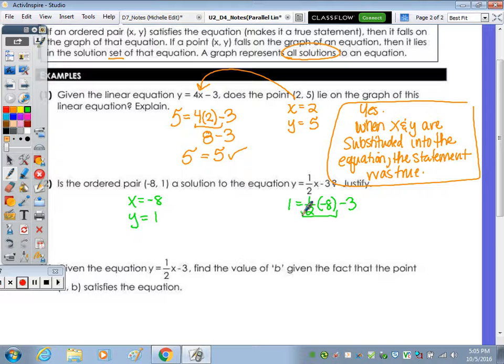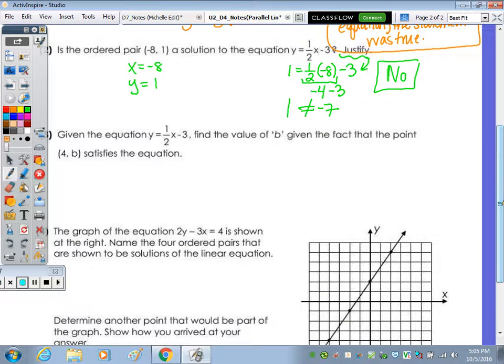Multiply again before you subtract. 1/2 of -8 is -4, and -4 minus 3 is -7. That does not equal the 1. So no. Justify, I don't need to explain in words. I have the work to show. The answer is no. The point is not on the line.